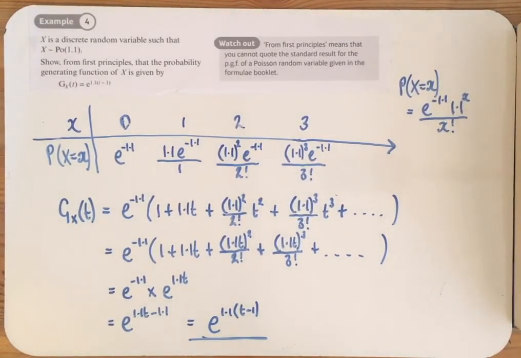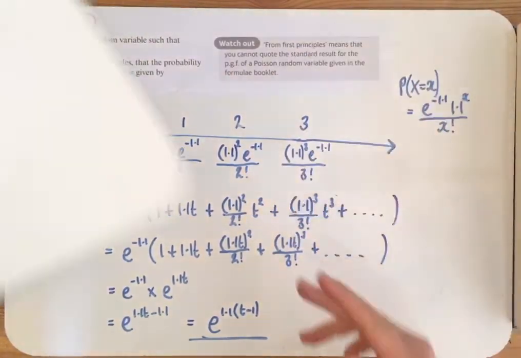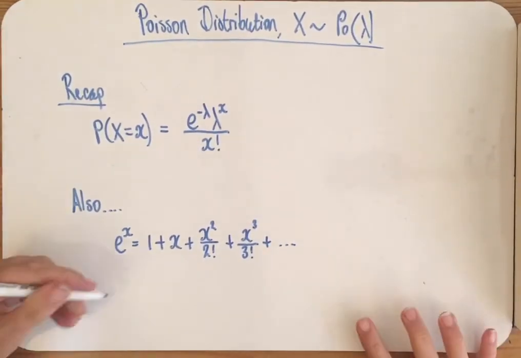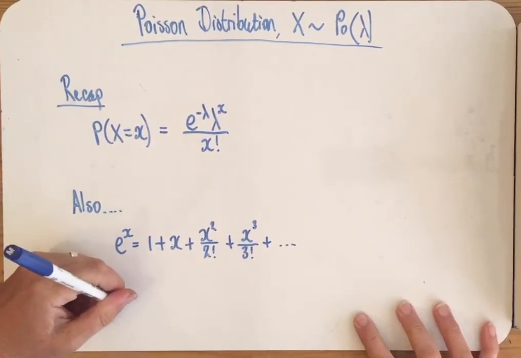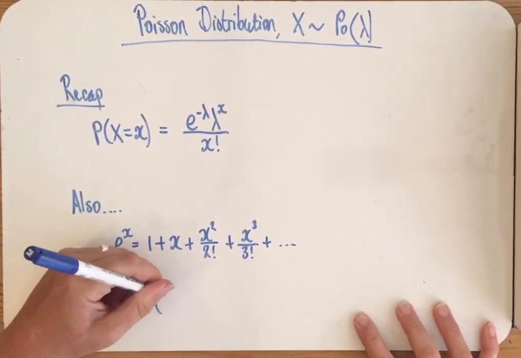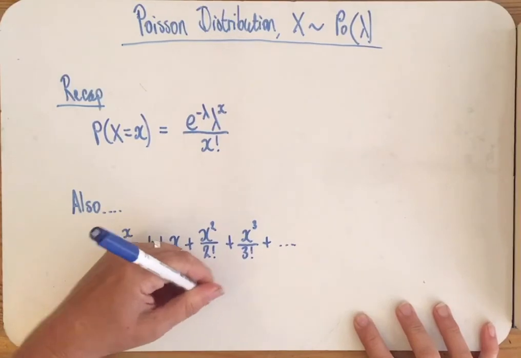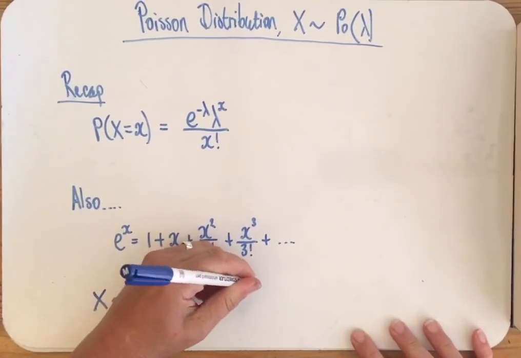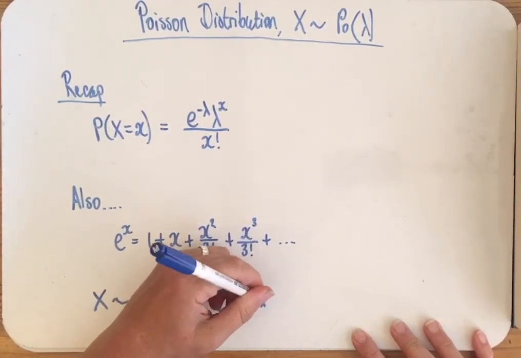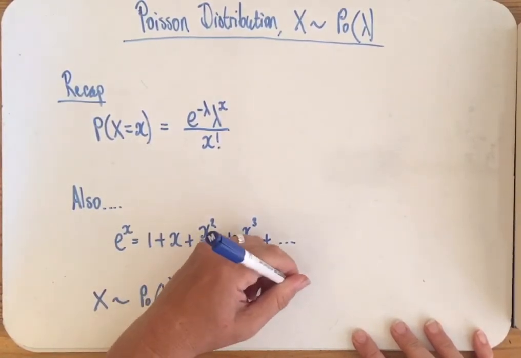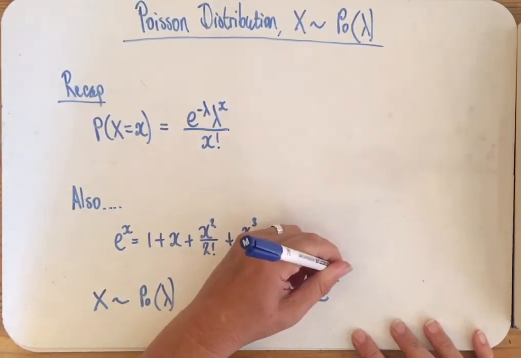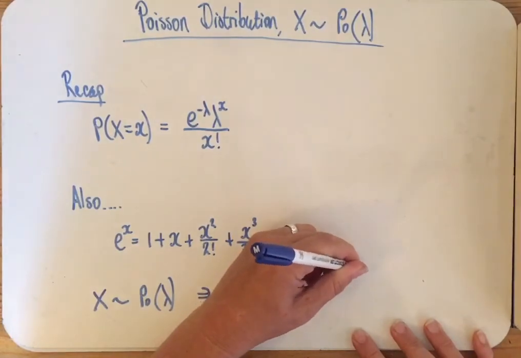That can be generalised, which I'll pop on the other board. So if X is Poisson lambda, then the probability generating function for X, which we write like this, is equal to e to the power lambda lots of (t minus 1).